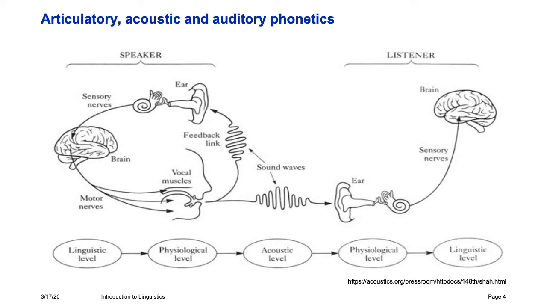And then you have the listener-based auditory side of things, where the sound wave hits the eardrum and is then by nervous impulses transmitted to the brain sensory nerves for speech recognition. These are the 3 important aspects of phonetics: articulatory, acoustic, and auditory, and we'll mostly focus on articulatory here in this intro lecture.